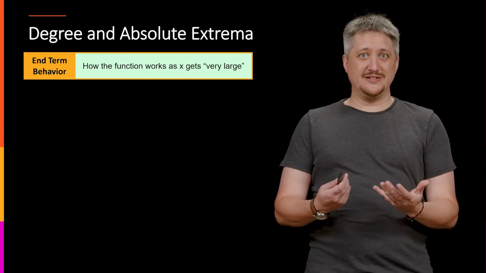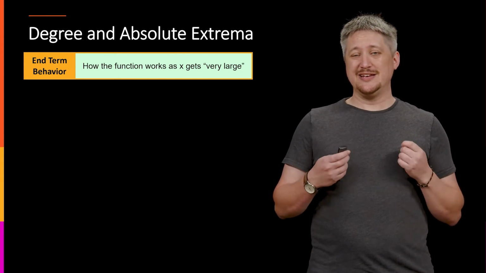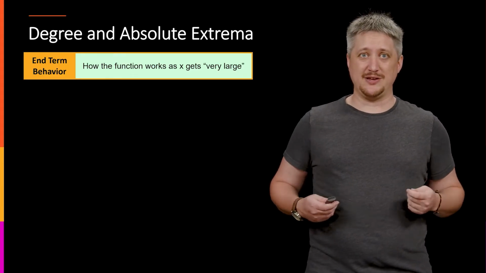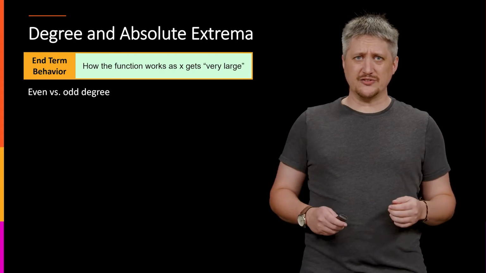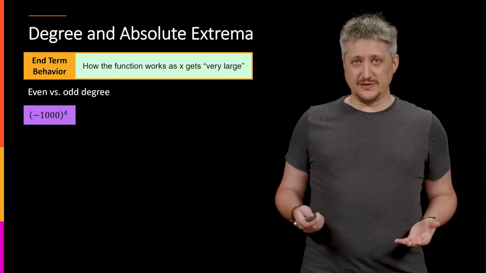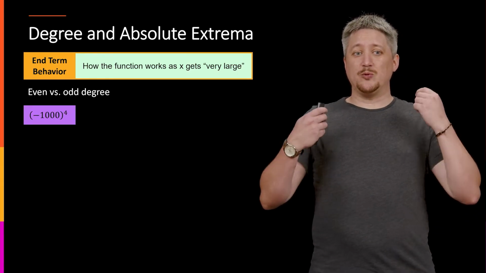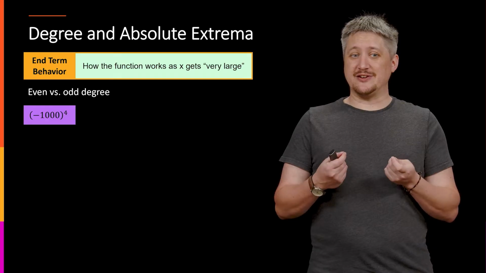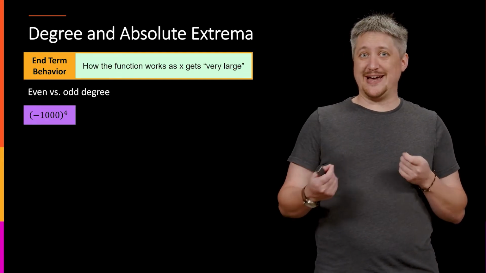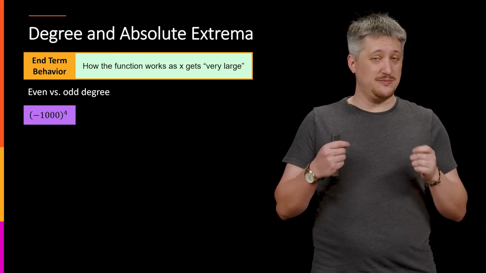But most of the time, when we're talking about how a degree interacts with something, it breaks down into even and odd degree, and that's pretty much what's going to happen here. So, even versus odd degree. If we take a negative number and raise it to a power, the reason the even and odd distinction makes a big difference is that even powers react to negatives very differently than odd ones do.